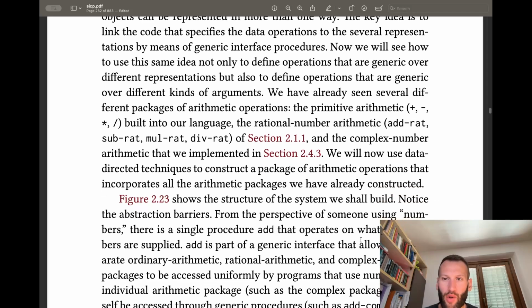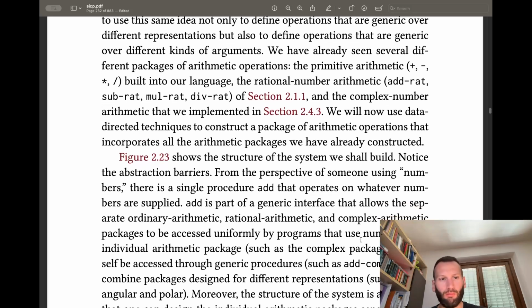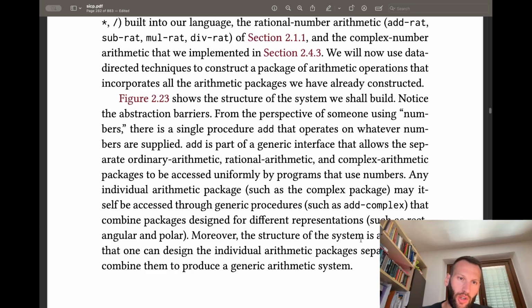We will now use data-directed techniques to construct a package of arithmetic operations that incorporates all the arithmetic packages we have already constructed. Figure 2.23 shows the structure of the system we shall build.